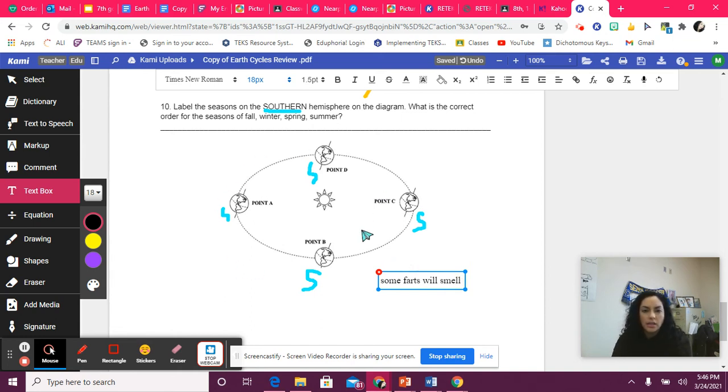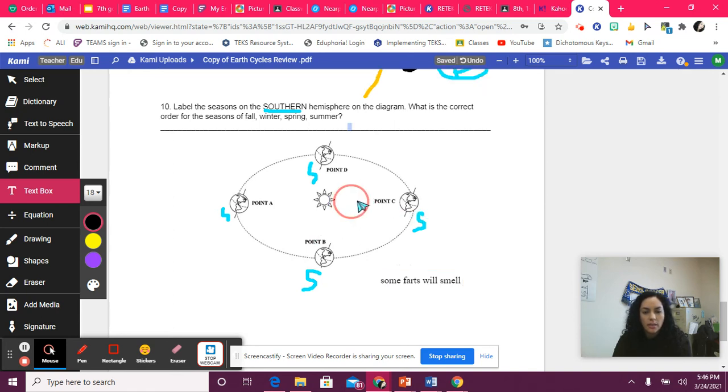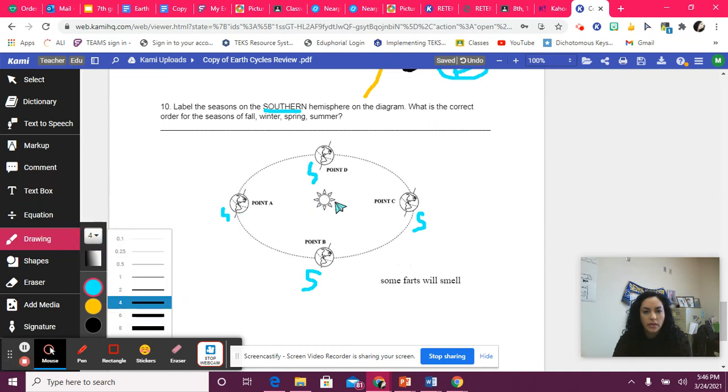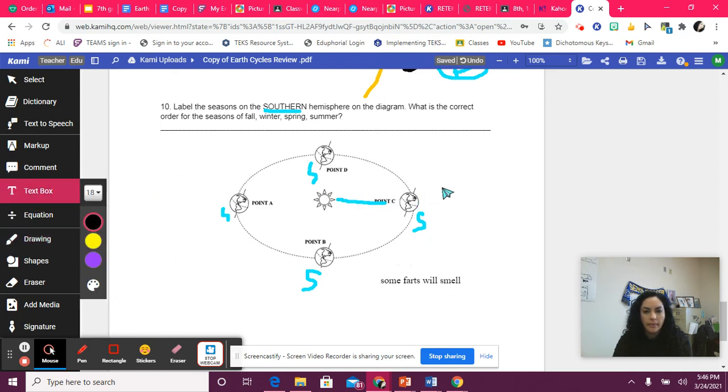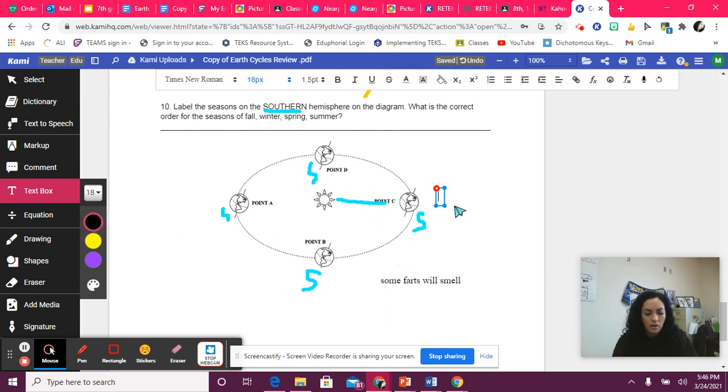So here, just looking at the diagram, you can already notice that in the southern hemisphere, it's pointing toward the sun. So then point C is when you're going to have summer. And then for some reason, everything goes counterclockwise, remember? So summer, and then from point C, we're going to go to point D.